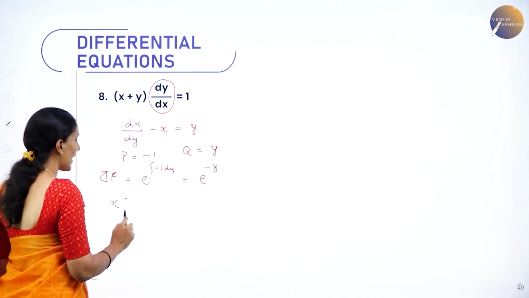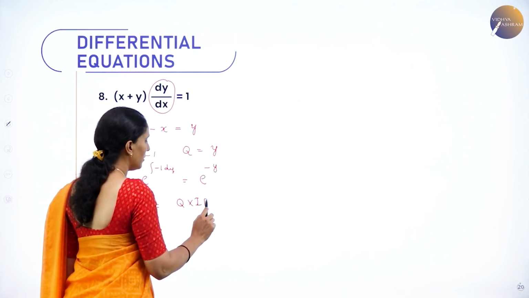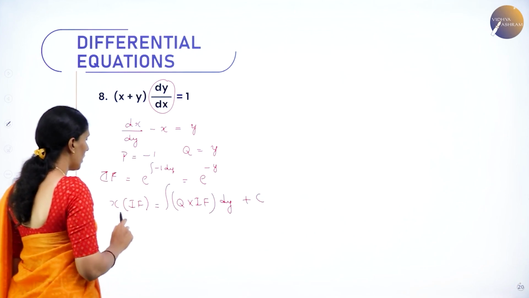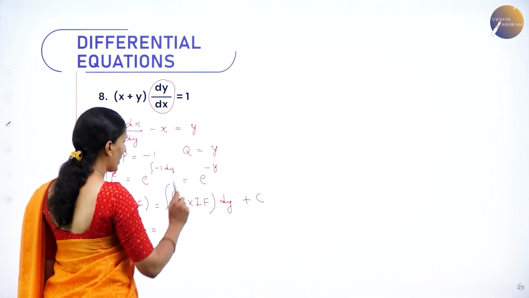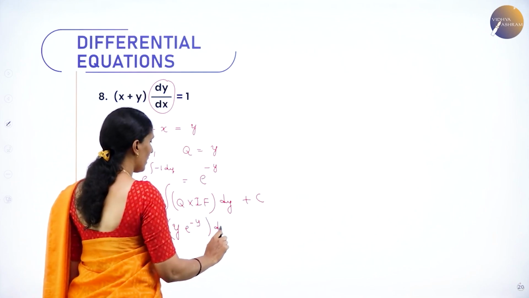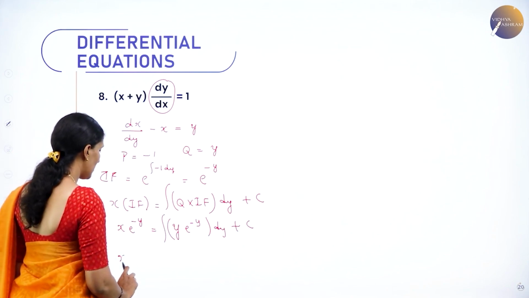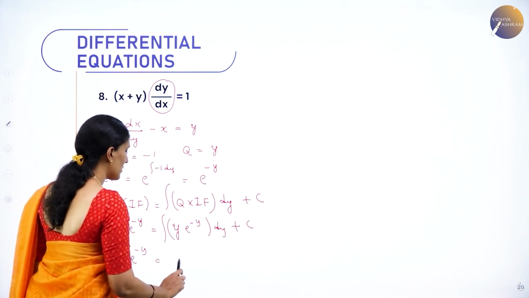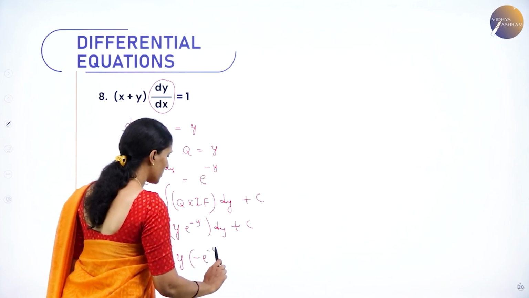Now my solution is x into integral factor equals integral of q into integral factor with respect to dy plus c. So x into e power minus y equals integral of y into e power minus y dy plus c. Integrating separately by parts, the first function y, integral of e power minus y is minus e power minus y.